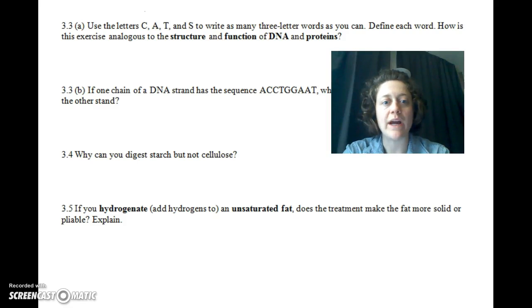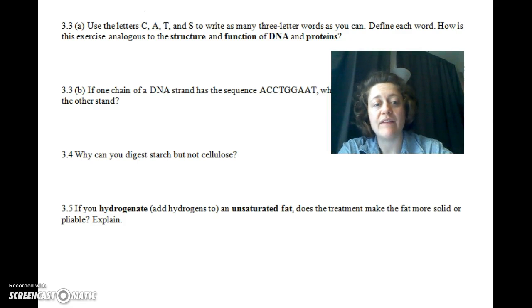The next question, why can you digest starch but not cellulose? Think about chemically what we would need in our bodies to be able to digest starch versus cellulose. If you ate grass, what would happen to it? Would it get digested? Would it just go through your body? And why is that? Section 3.4 is a great place to look there.